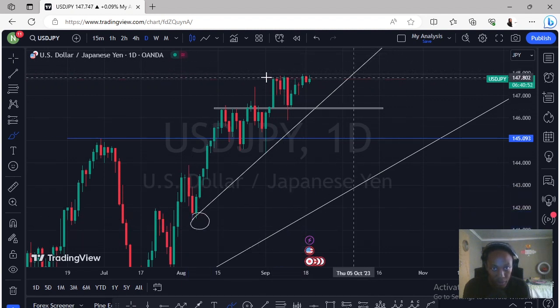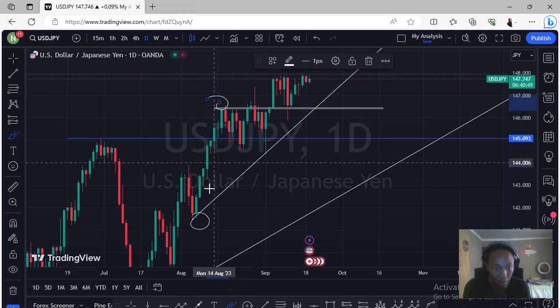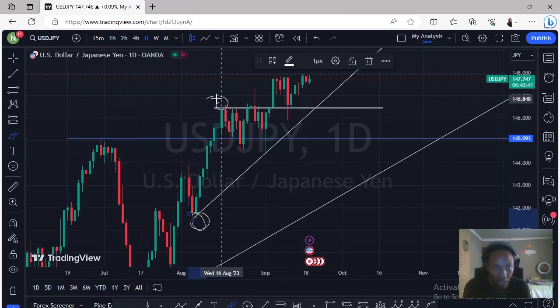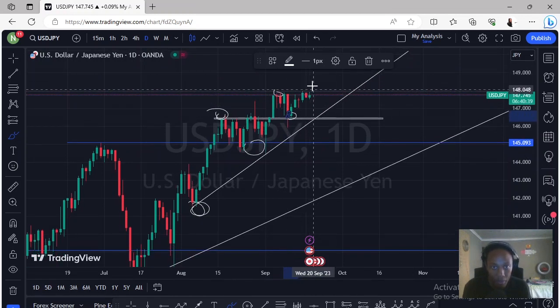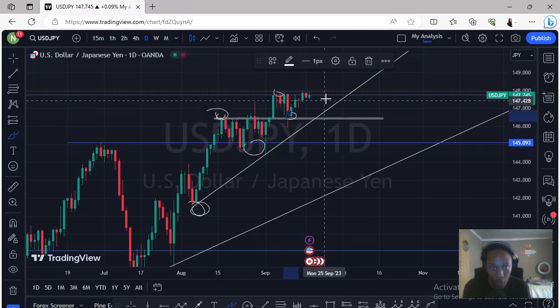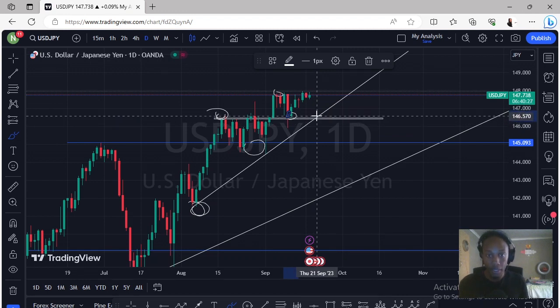So lower high, higher low, higher high, higher low, higher high, higher low. So if ever the market falls to create another high over here, it breaks our recent support and also our recent diagonal support, we definitely come into this area over here.